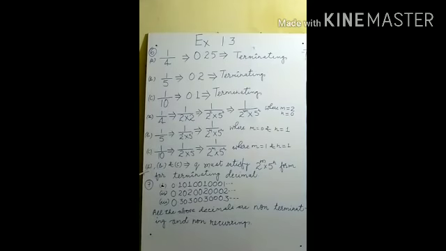In this way we can say A, B and C imply the denominator Q must satisfy which form? 2 to the power m into 5 to the power n form for a terminating decimal. What is the meaning of this one? Denominator is either powers of 2 or powers of 5 or powers of both 2 and 5.